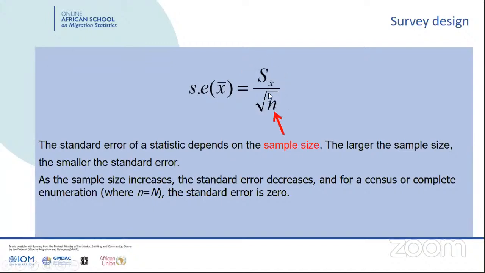If this is a constant, the sample size is the only thing we can play with when we design our sample. You can easily see that if n is large, then this becomes small. So if we have a large sample, the standard error will be small, and that is a good thing. If the sample size is small, then the standard error will be large. So what we do is plan the sample size so that the standard error will be sufficiently low.